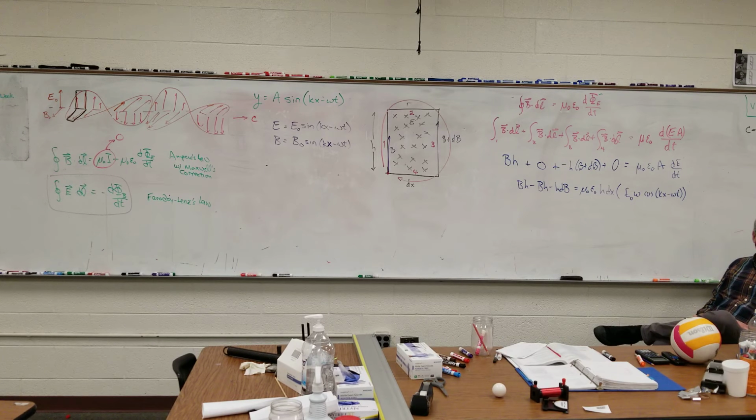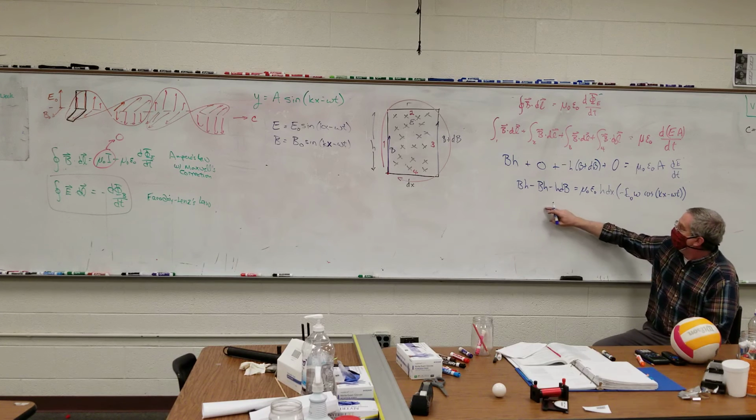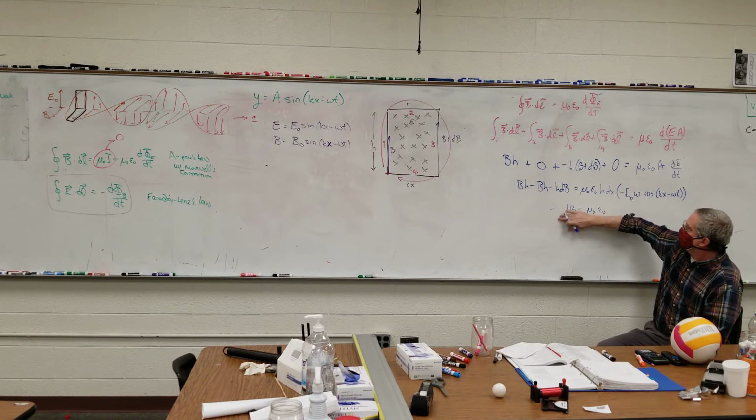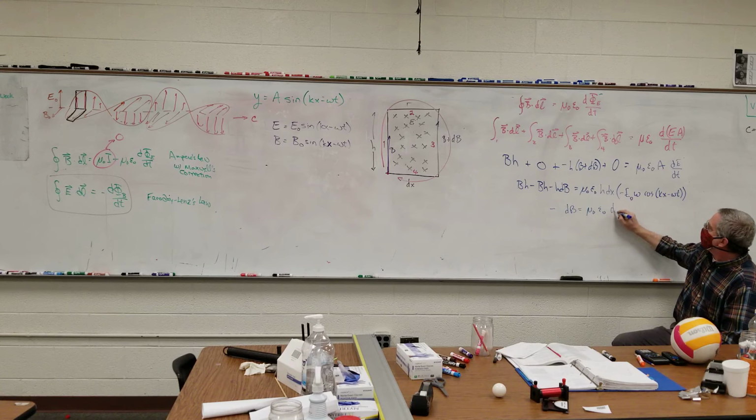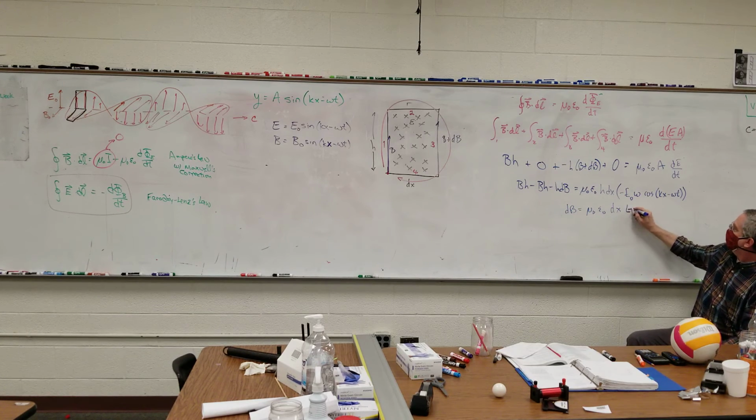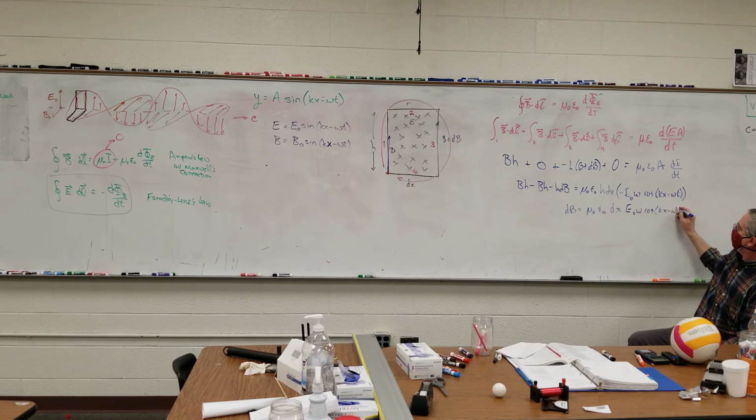You're missing something. Yeah, negative, because of the minus sign right there. So we get negative h dB is equal to mu naught epsilon naught, oh, h is going away, dx, the minus signs go away, E naught omega cosine kx minus omega t.